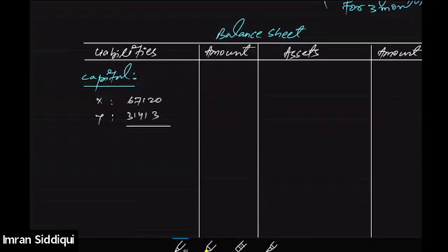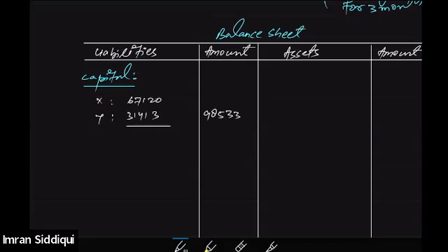Now we will total it and write it in the amount column. It will be 67120 plus 31413, 98533. Right, both of you? Yes, sir.